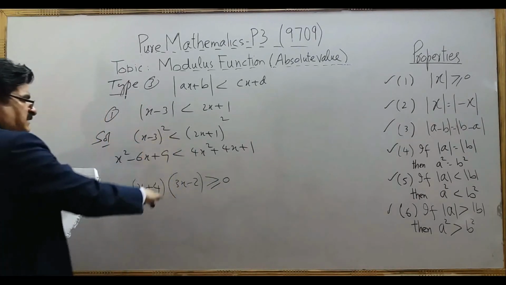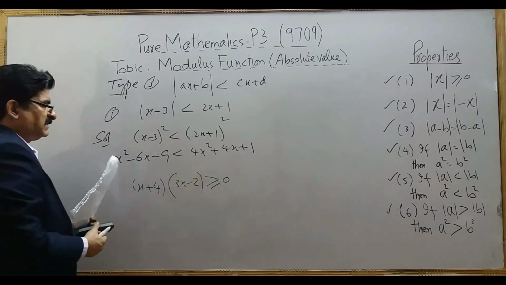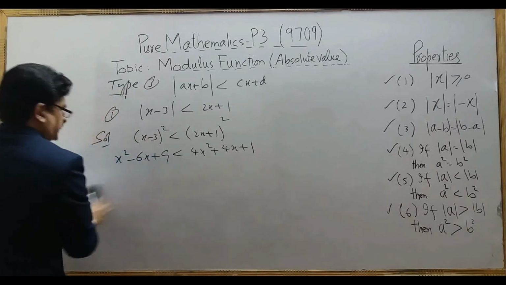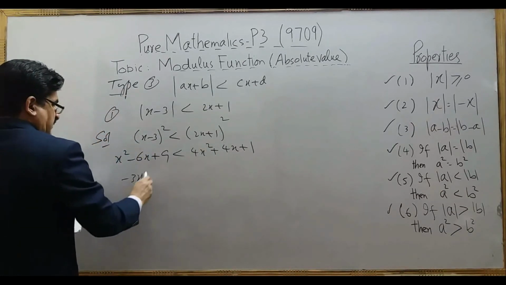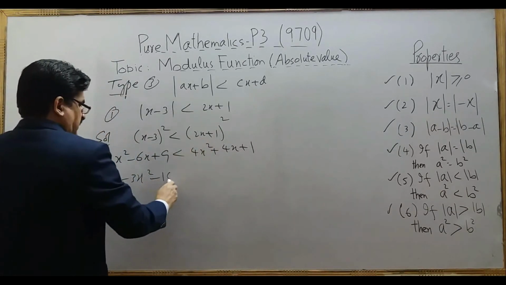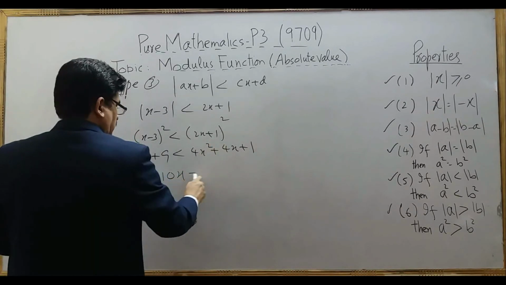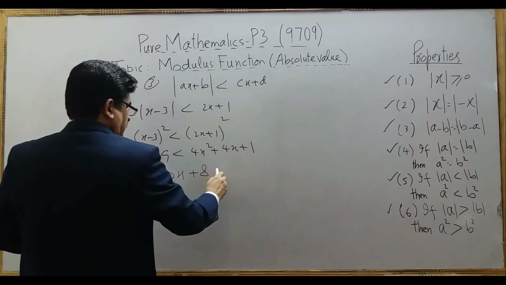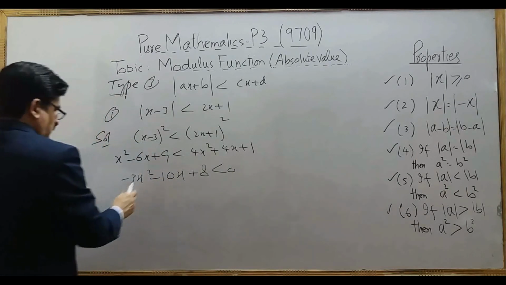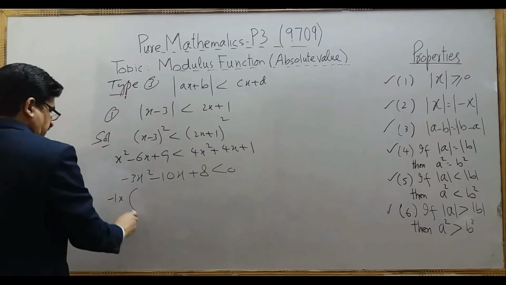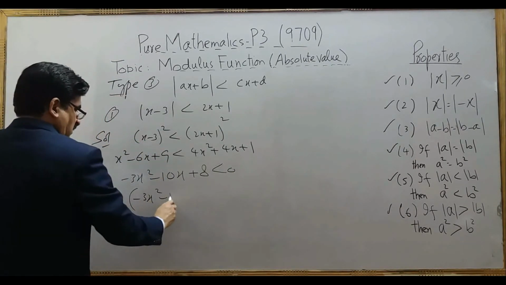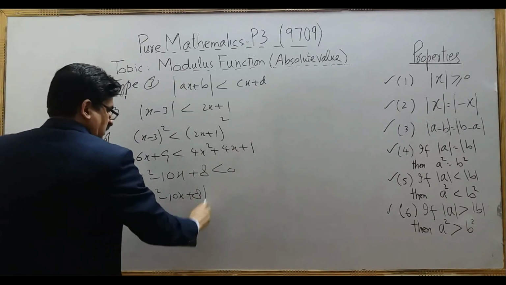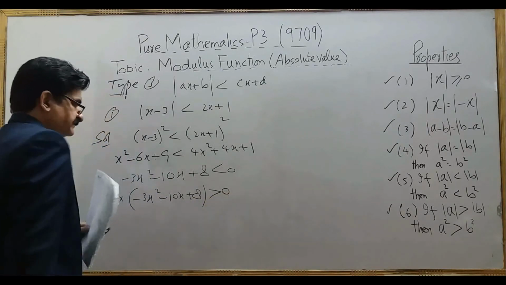If you simplify it, the inequality will be reversed. Okay, let me complete it. You will have minus 3x square, you have minus 10x, and you have plus 8. And this is now less than 0. But if I multiply with minus 1, it will become greater than 0.